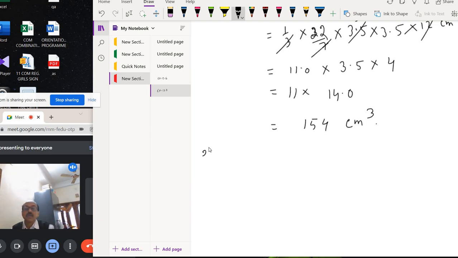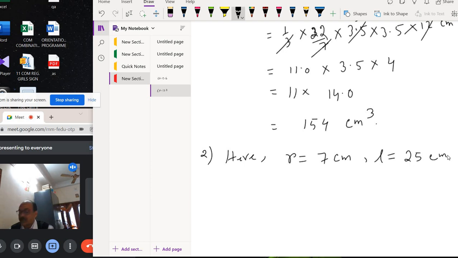Here r equals 7 centimeter and slant height L equals 25 centimeter.